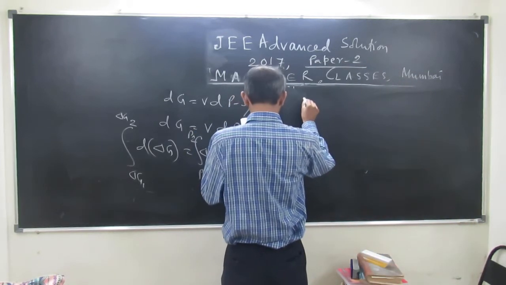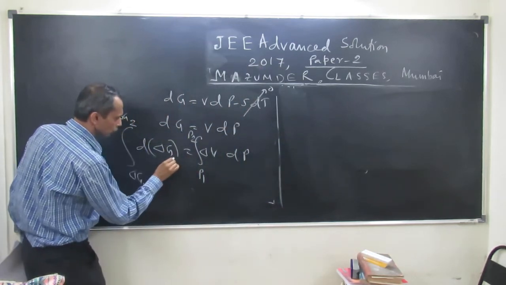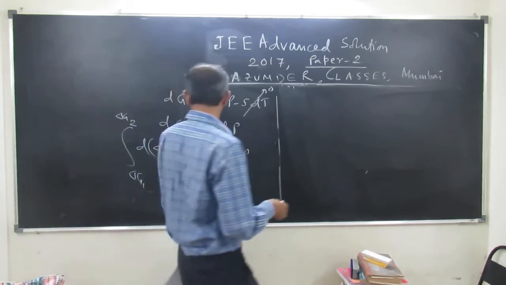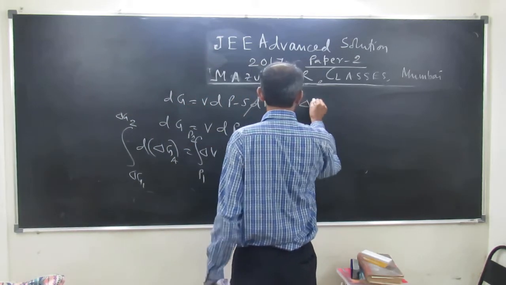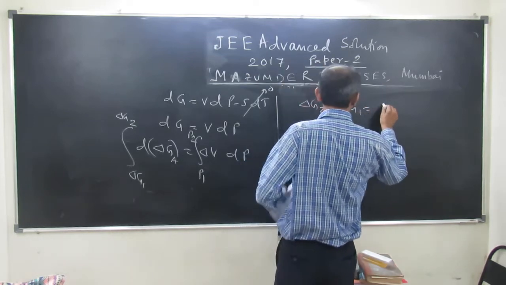So we can write that delta G for the allotropic change is delta G2 minus delta G1, which is equal to delta V times dP.